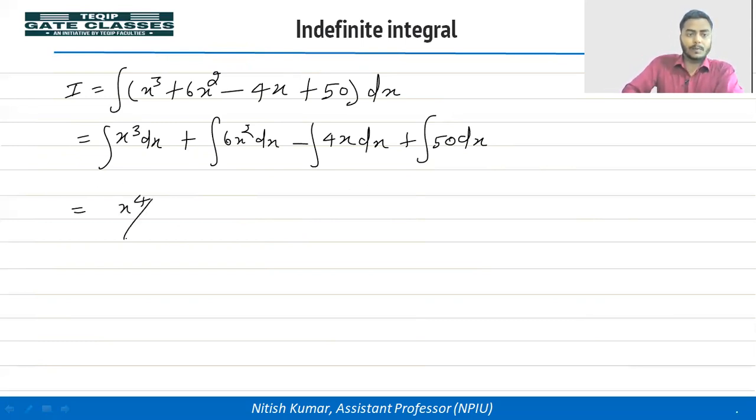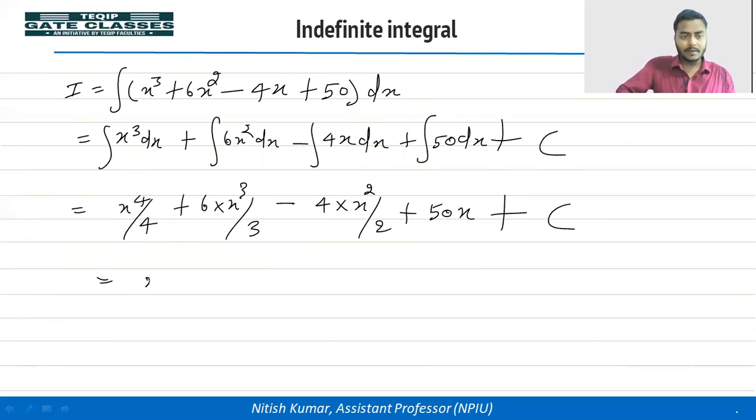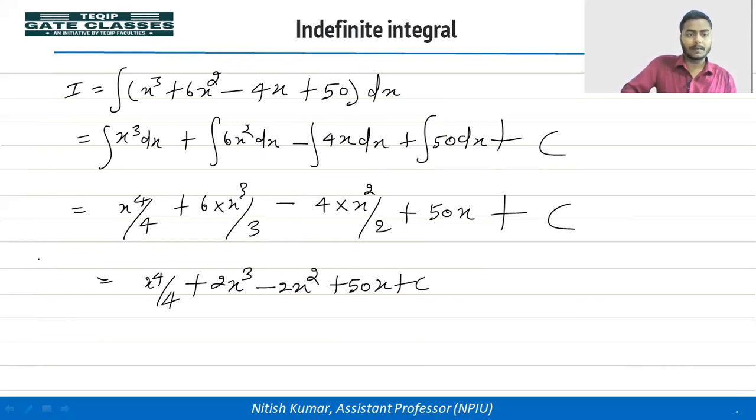We can write x to the power 4 divided by 4, plus 6 into x power 3 divided by 3, minus 4 into x square divided by 2, plus 50x plus c, the constant. So we can simplify and write x to the power 4 divided by 4, plus 2x cube, minus 2x square, plus 50x, plus c.